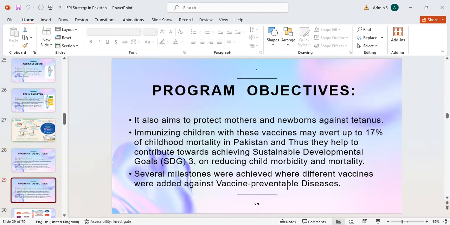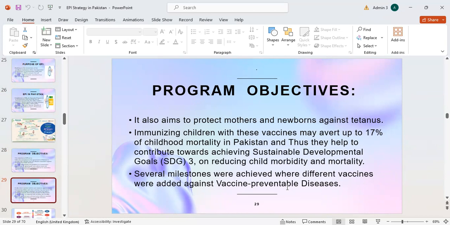It also aims to protect mothers and newborns against tetanus. Immunizing children with these vaccines may avert up to 17% of childhood mortality in Pakistan. Thus, they help contribute toward achieving Sustainable Development Goal 3 on reducing childhood mortality and morbidity.